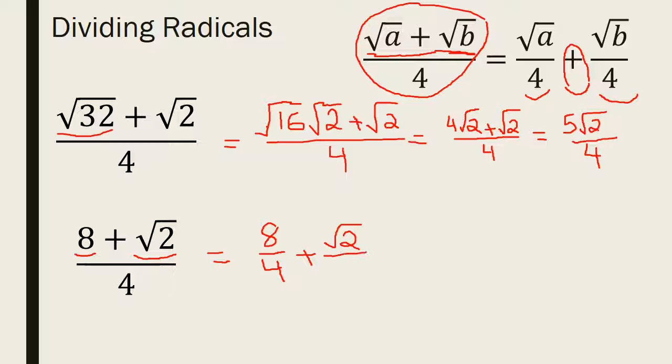I know that 8 divided by 4 is 2, which means I'm going to end up with 2 plus radical 2 over 4. And this is the simplest form that we can have for this expression.